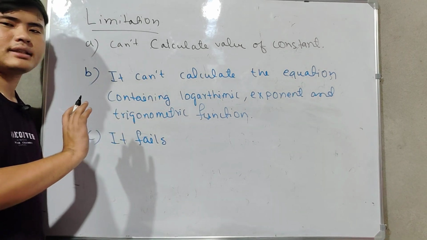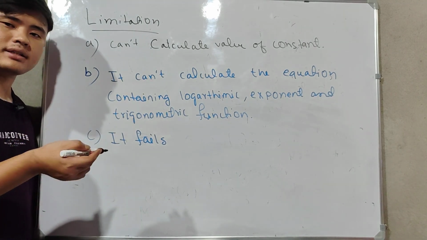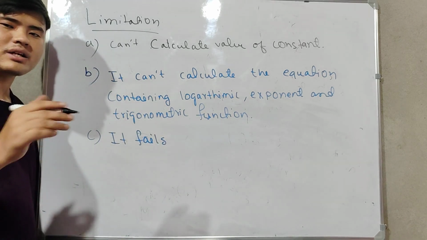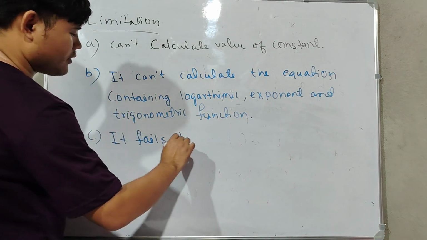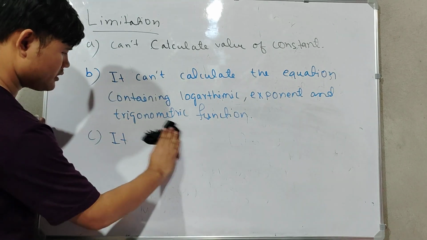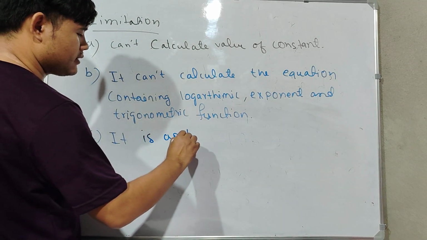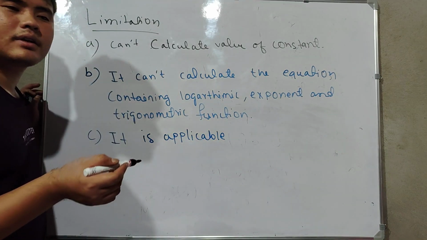So by this method we cannot calculate those added or subtracted formulas. We will get only one term, and the other term that is added or subtracted we will not get. It is applicable only for the terms.